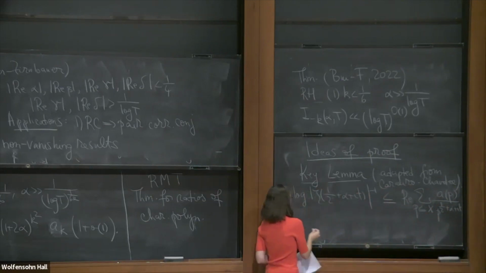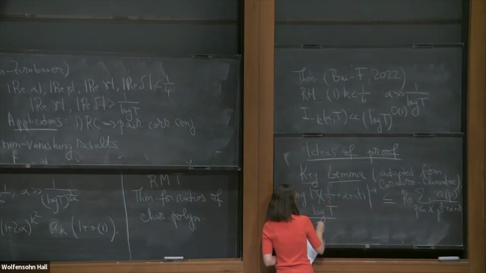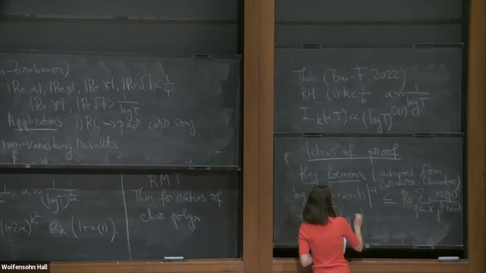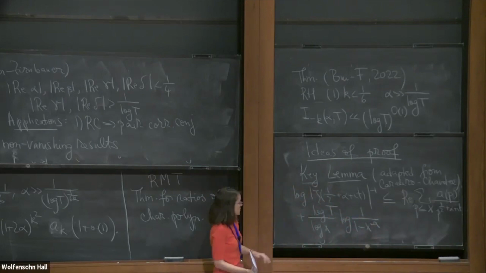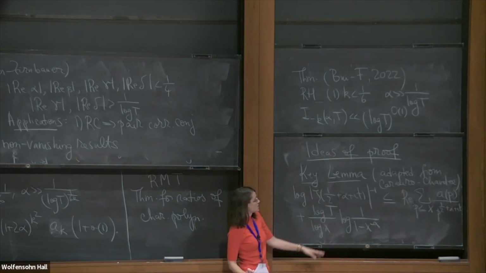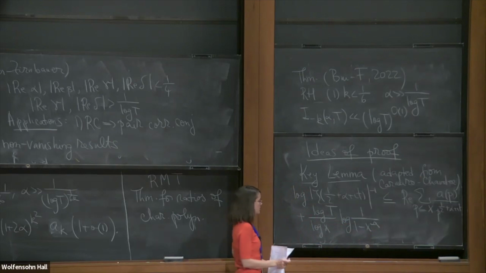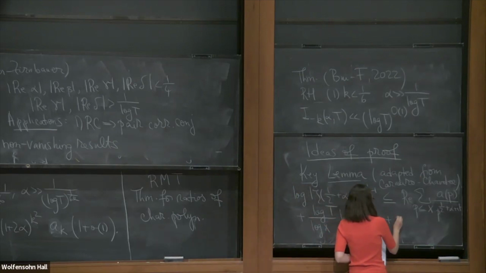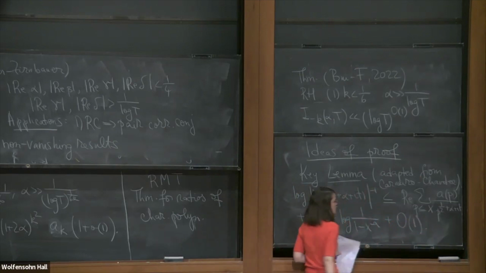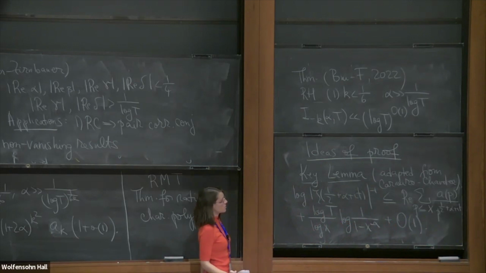Now we have a contribution from zeros, so it's a log t over log x times log of 1 over 1 minus x to the minus alpha. So if you stare at this term a little bit, you can see that this gets worse and worse as alpha gets smaller. And then we can write an error term of size big O of 1 coming from higher powers of primes.